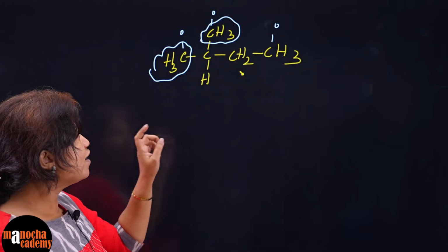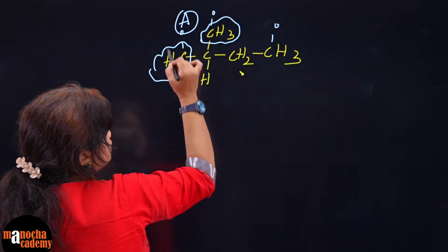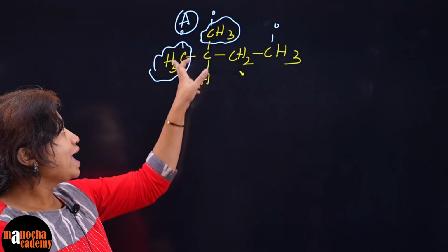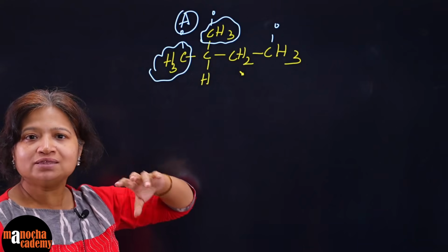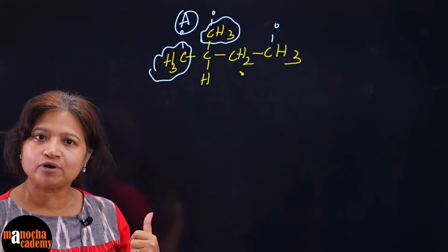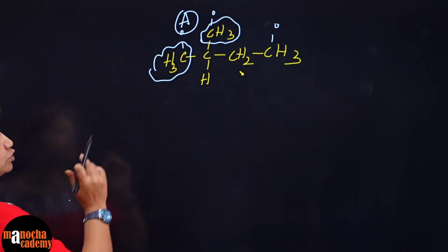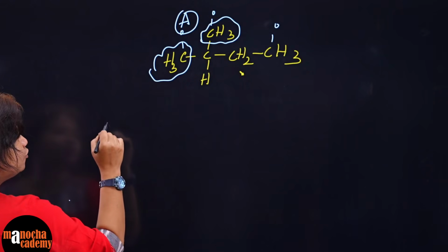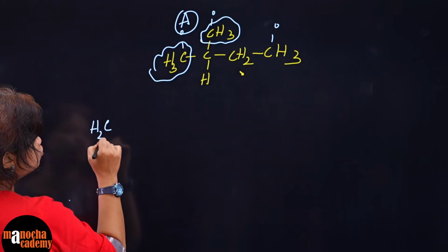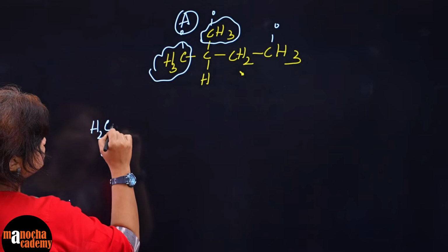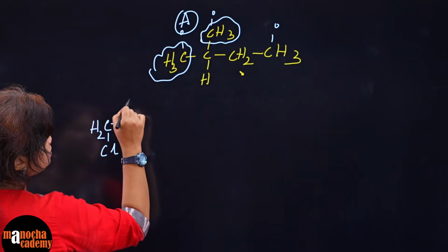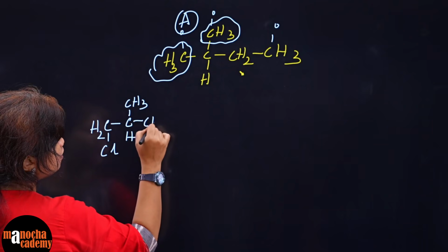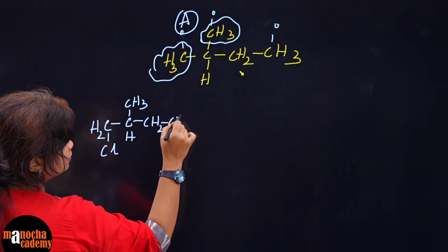So one variety we have is the A variety, these 2 methyls. Whether you substitute any one of the hydrogens from this methyl, you get the same monohalo product. Whether I substitute a hydrogen from here or from here, whatever is the case, the product will be CH2Cl, then CH3, hydrogen here, and here you have this ethyl group.